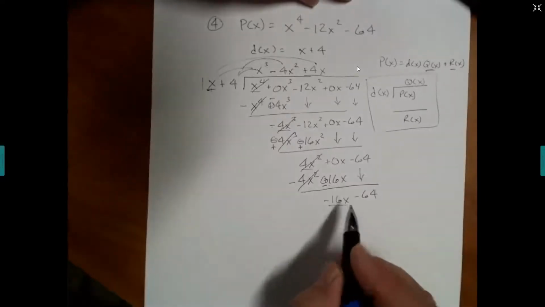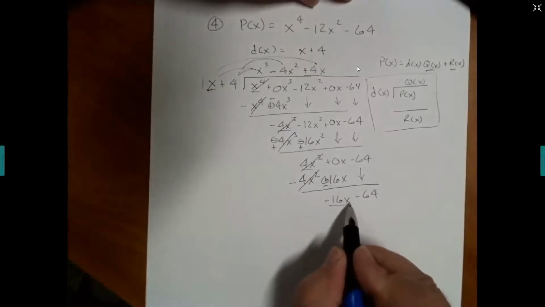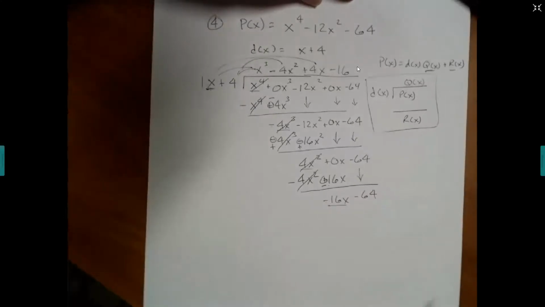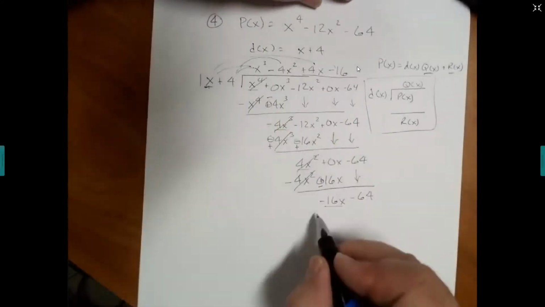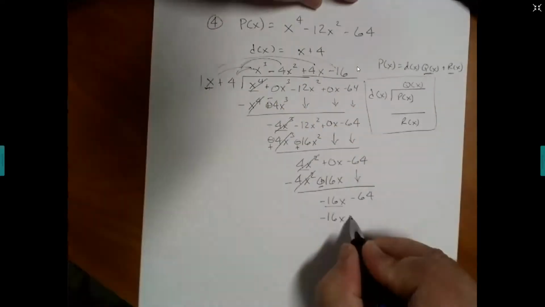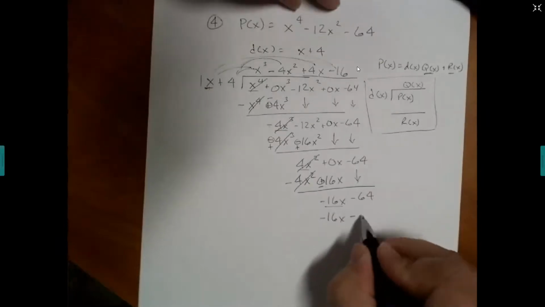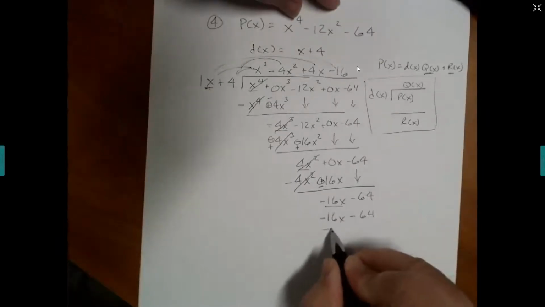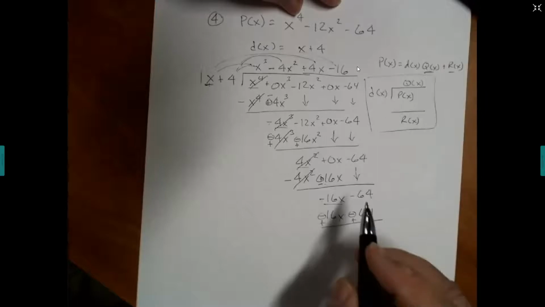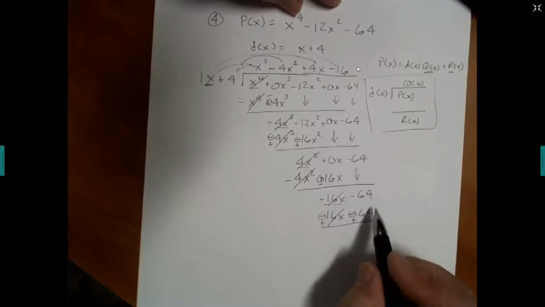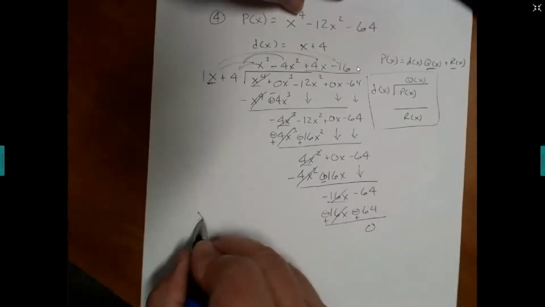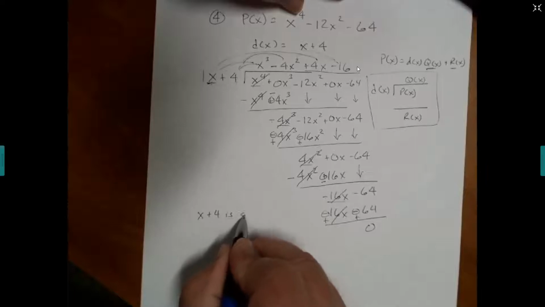Look at the leading terms. What times 1x gives me negative 16x? Just, I'm missing a negative 16. Negative 16 times x is negative 16x. Negative 16 times 4 is a positive times negative is a negative. 4 times 16 is 64. Change the signs and add. Those are negative 64, 0. 0. So we know x plus 4 is a factor.